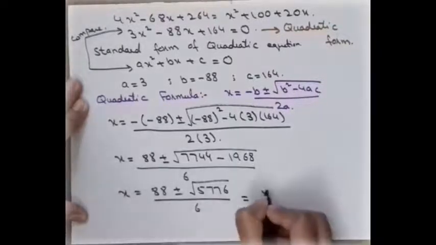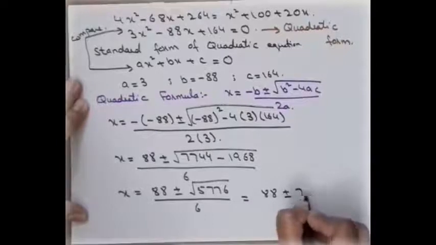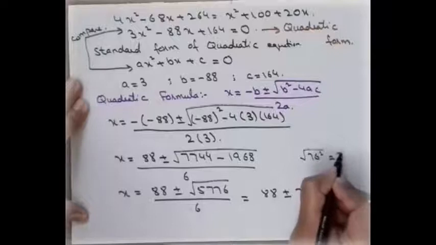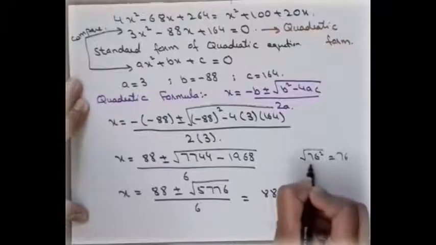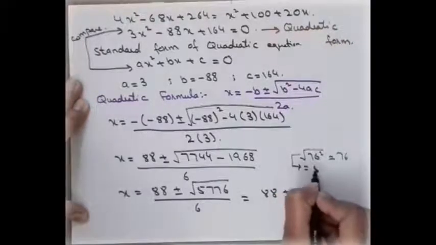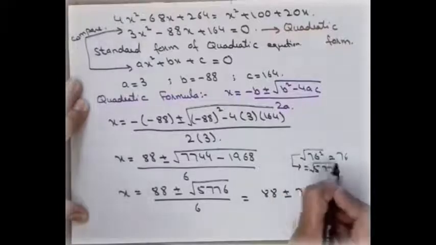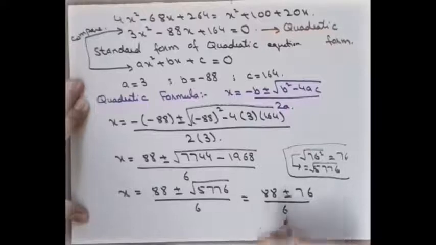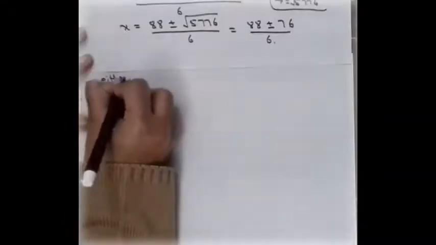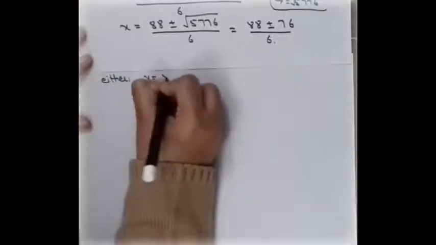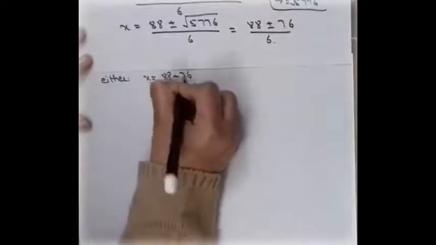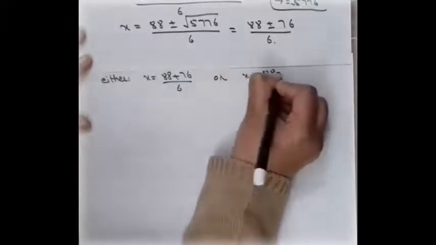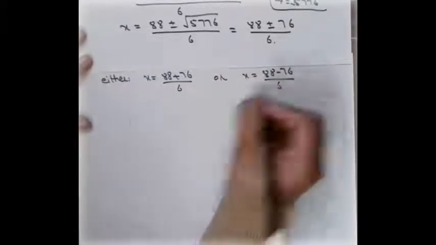After solving this, subtracting these two terms, we have 88 plus or minus the square root of 5776, divided by 6, which equals 88 plus or minus 76, because the square root of 5776 is 76. We can write either x equals (88 + 76) over 6, or x equals (88 - 76) over 6.